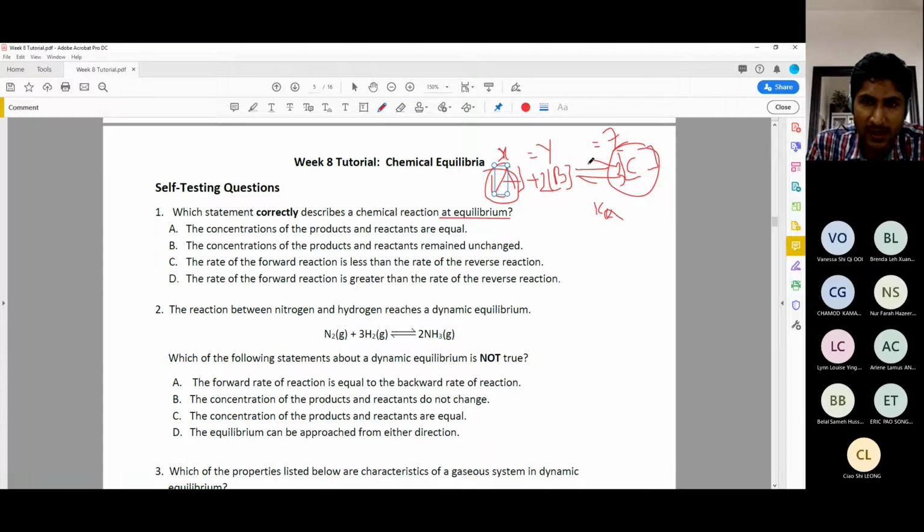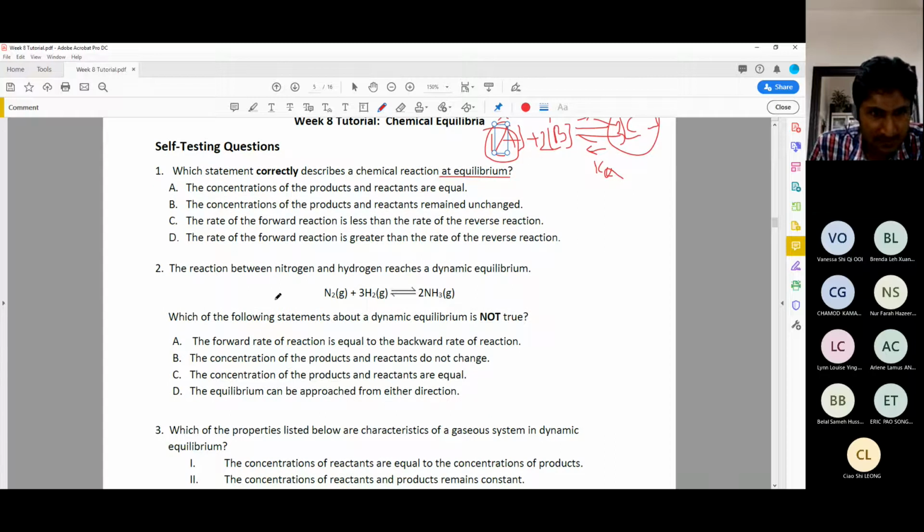Then it will always be X, Y, and Z unless you change an external factor, like heating it up, putting ice to it, removing the heat, or pressurizing it. Otherwise it will always be the same. The forward and backward rates will always be the same: the rate going to the right side and coming back to the left side is always the same.